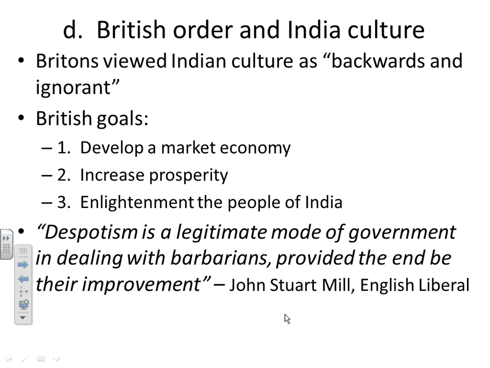I noticed that John Stuart Mill is speaking as a liberal. If you remember, liberals from first semester wanted change, and some of the things that they pressed for most was democracy, consent of the governed, voting rights, even gender equality.